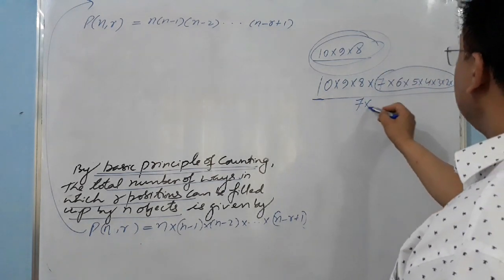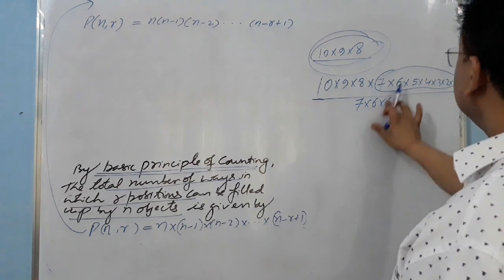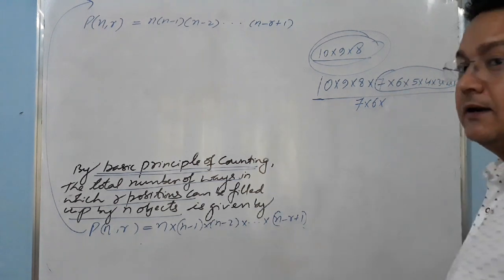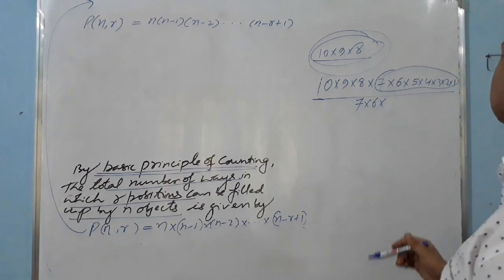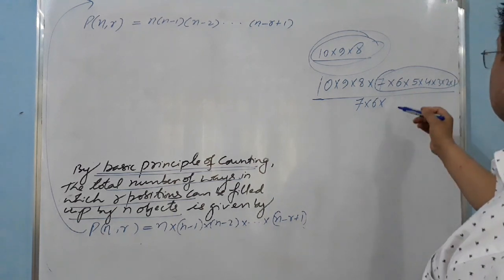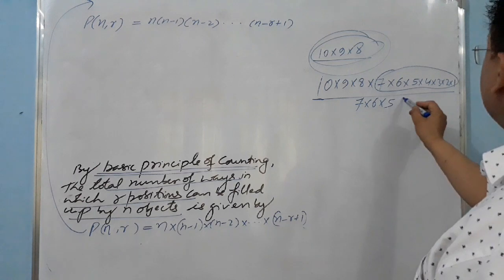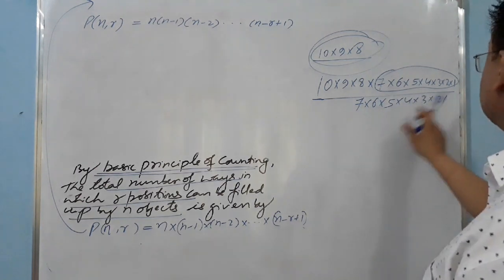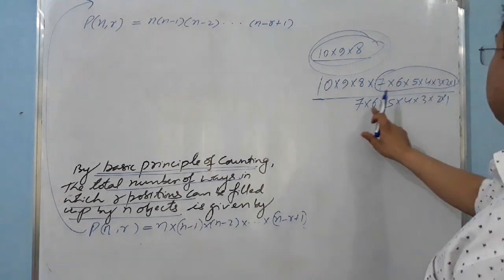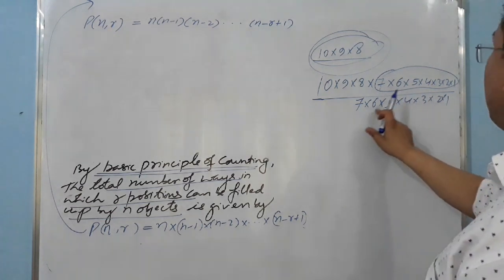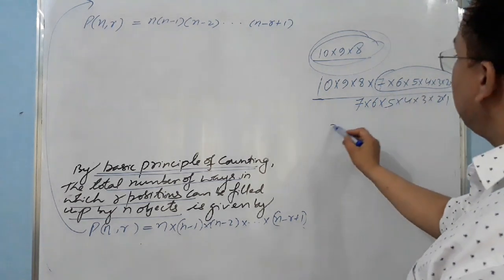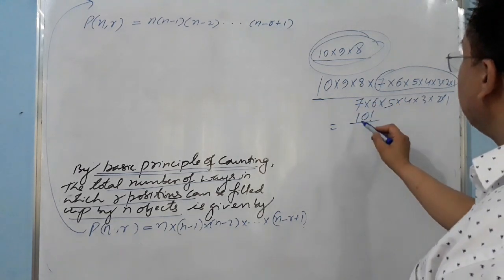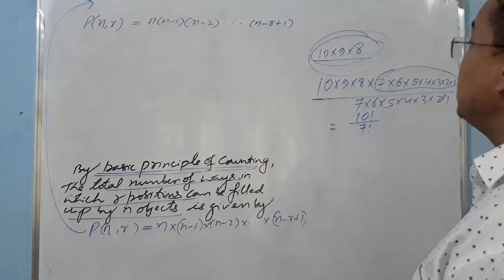Let's cancel them by dividing by the same numbers, 7, 6, 5, 4, 3, 2, 1, the product of the same numbers. All right, and now, according to the definition of n factorial, we can write 10 factorial over 7 factorial.